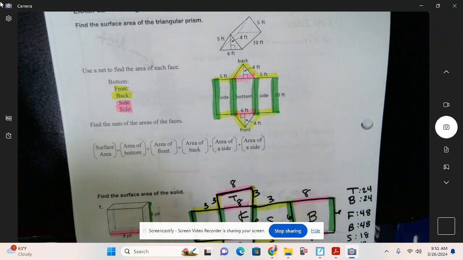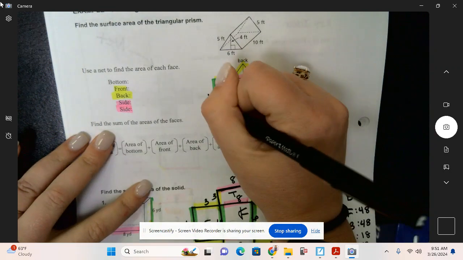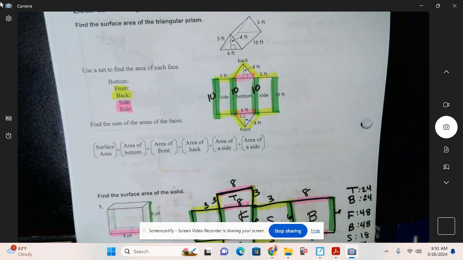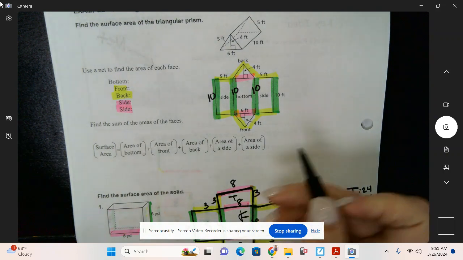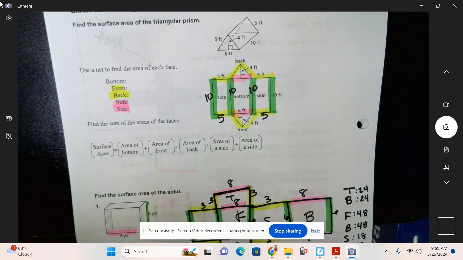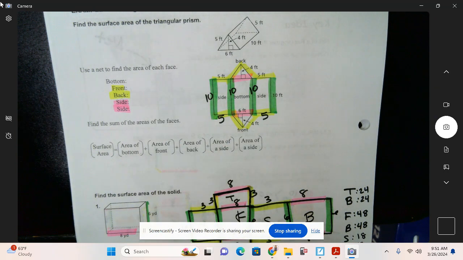So all the green pieces are how long? 10. Okay. All the yellow pieces are how long? And all the pink pieces are 6.